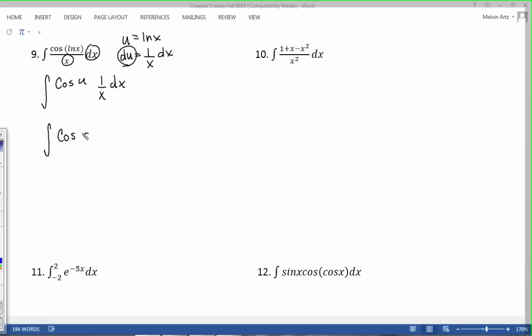So I have cosine of u du. The antiderivative of cosine of u would be the sine of u, and then we have our constant of integration, and then we'll substitute u is ln of x, and there's our antiderivative.